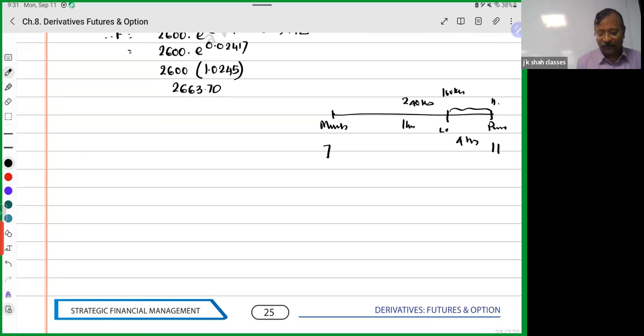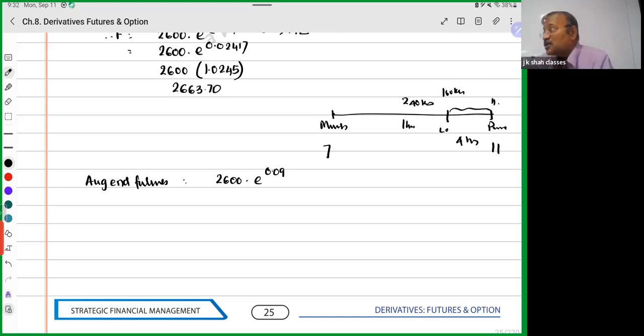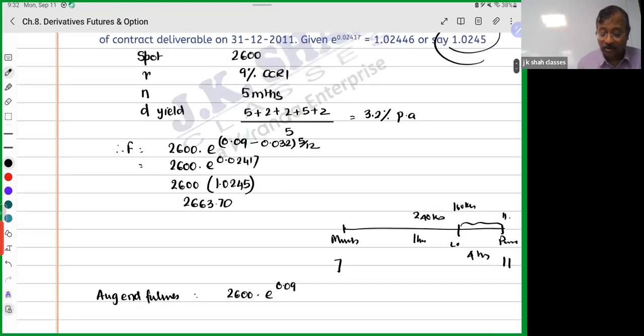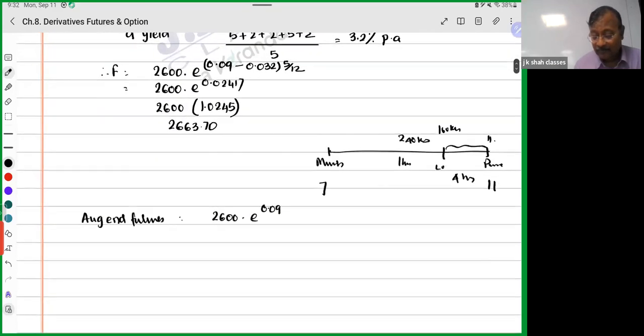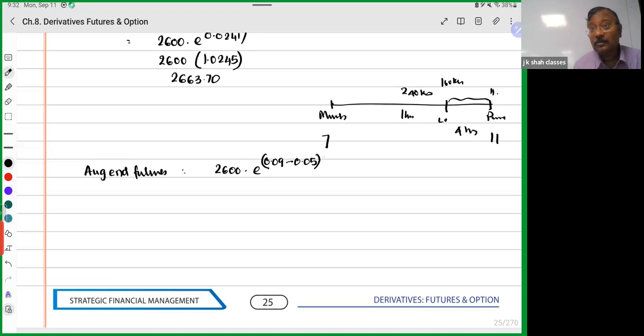Say I will calculate first August end futures. For calculating August end, I will take the spot at the beginning of August. That's 2,600 into e raised to r. r is 0.09, but remember, now I'm just dealing with August. What is my dividend yield in August? 0.05 into 1 by 12.